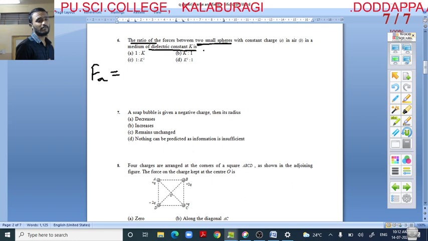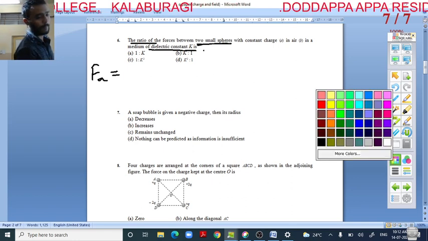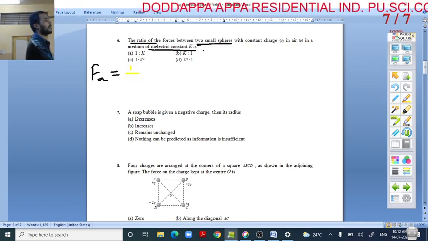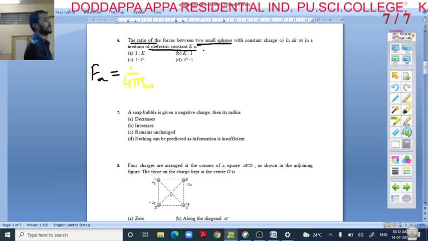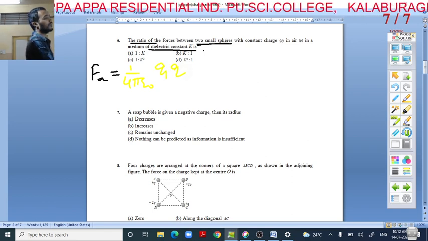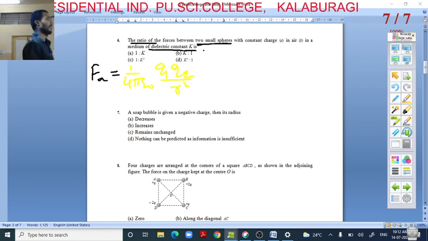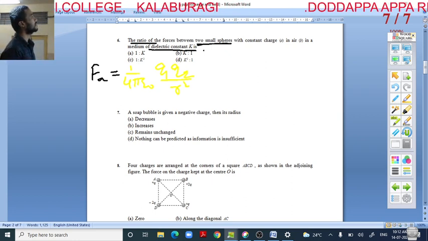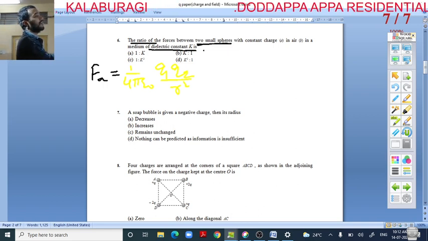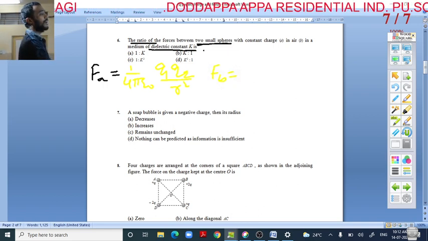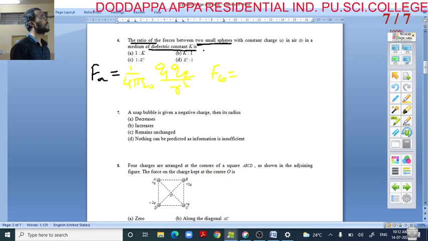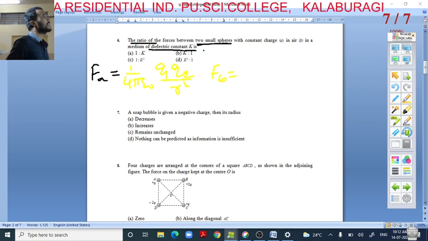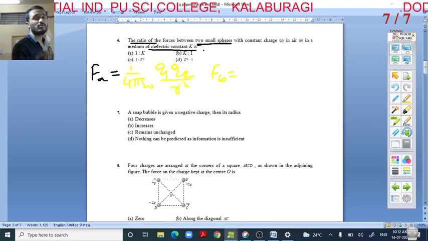Now I will write force for air. Force for air, that is 1 by 4 pi epsilon q1 q2 divided by r square. Next, force for the medium present between the two small spheres. If there is a medium between the two charges or two spheres, then the dielectric constant will come here.